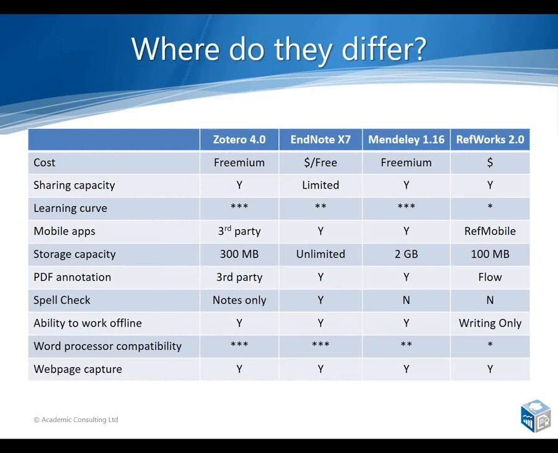So they do all capture web pages, but there's different browsers across the 4 software packages. For example, Zotero is compatible with Chrome, Safari, and Firefox. EndNote is only compatible with Internet Explorer or Firefox. So that's something you'd need to investigate for yourselves if you were interested in choosing one of these packages.